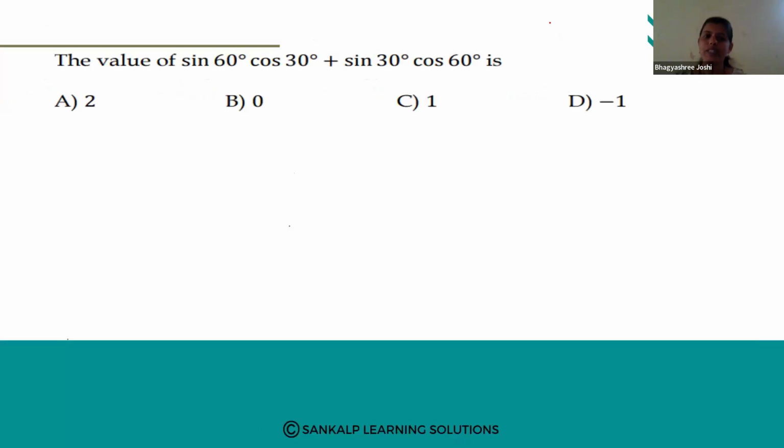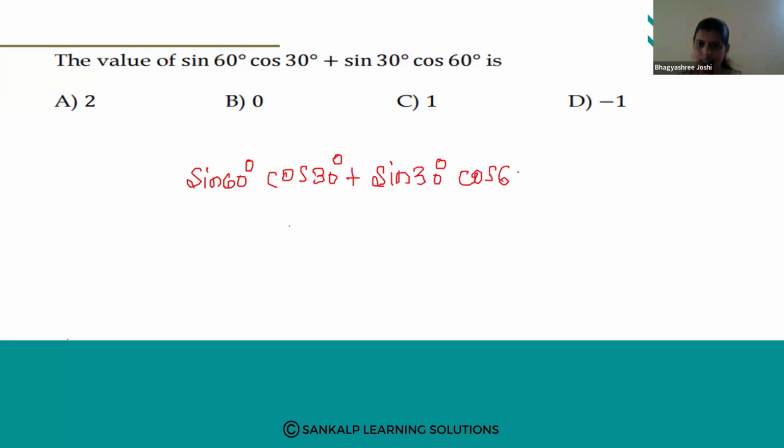Next, the value of sine 60 degree into cos 30 degree plus sine 30 degree into cos 60 degree. What is the value of sine 60 degree? Remember, sine 60 degree is root 3 divided by 2.